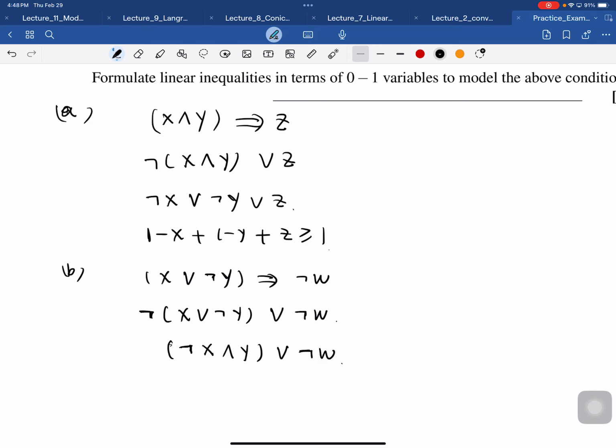So now we've done the first two steps. First is remove the implication. The second is you want to move the negation inside the parenthesis, right?